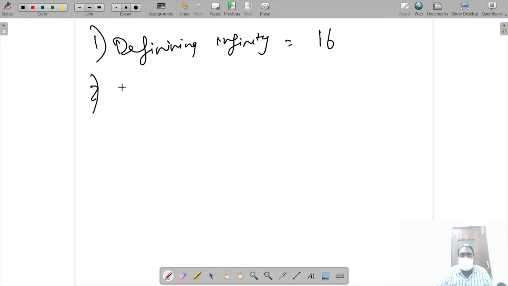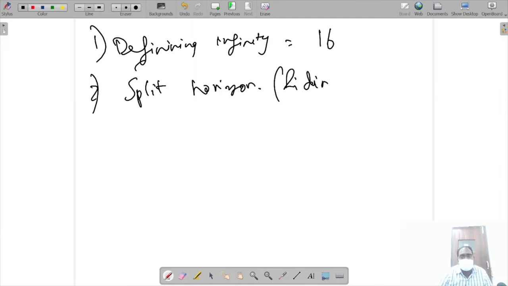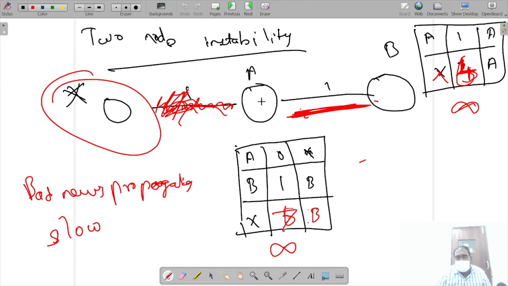Then what we can do is we can hide information. What hiding information is, technically it is called split horizon. Split horizon is hiding information. Remember, we got disconnected and B said that I can reach X at a distance of 2.